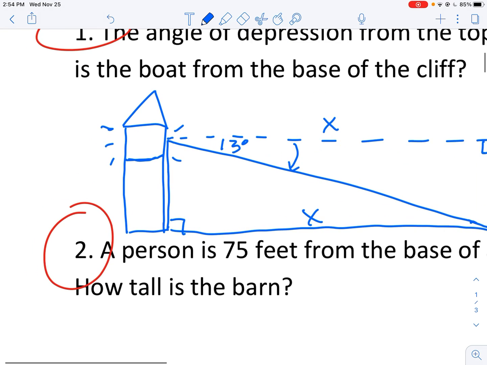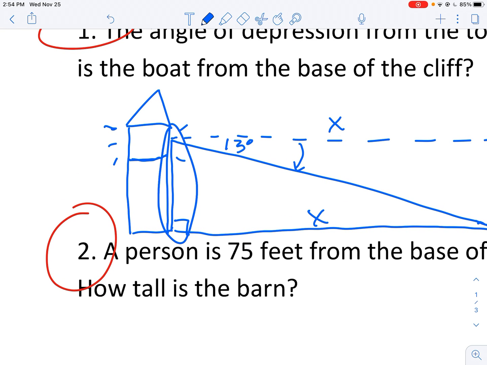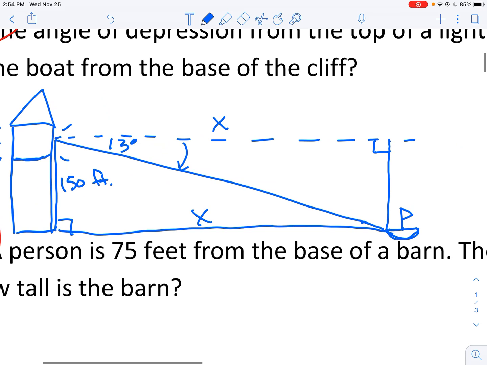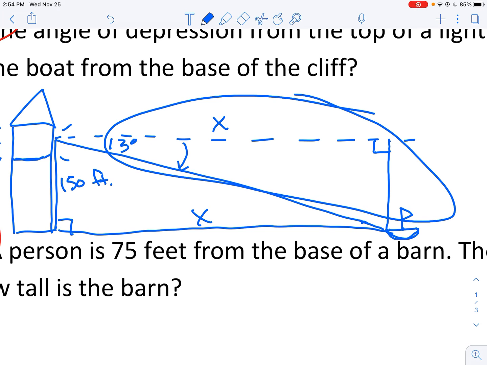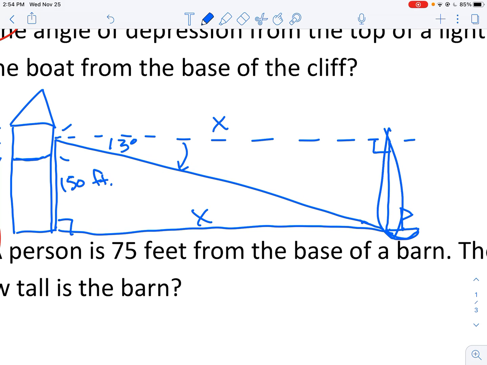So if the boat's at the surface of the water, this length here is going to be 150, not degrees, feet. Feet are important units. And if I go back to the triangle I'm trying to work with, this length is going to be 150 feet. So I'm going to use 150, not degrees. Stop doing degrees. Feet. So that one's 150 feet.